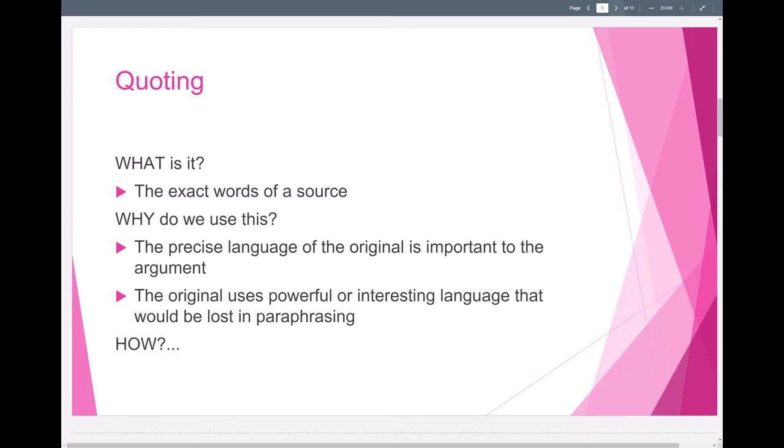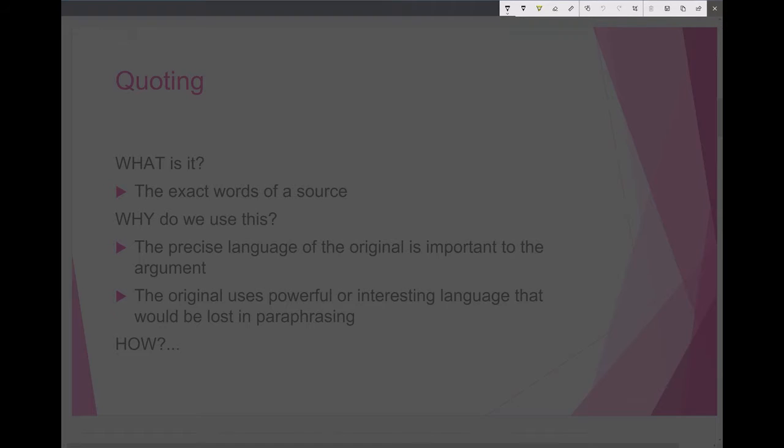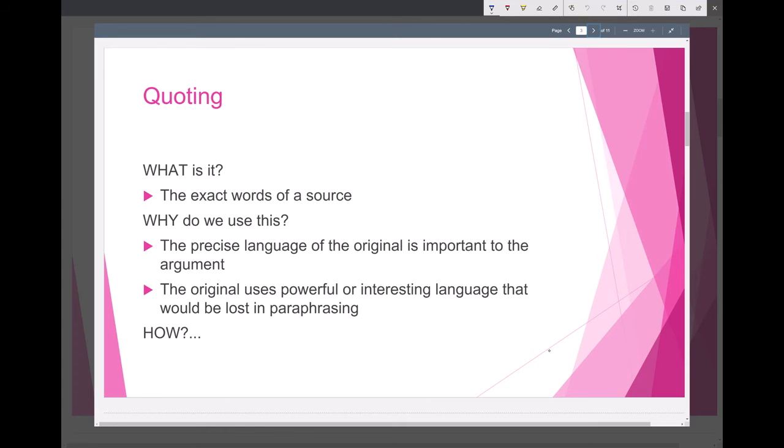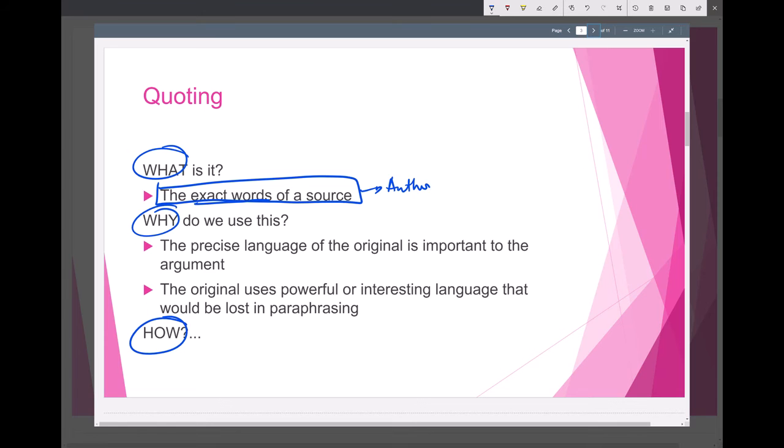First, let's start with quoting. We ask 3 questions: what, how, and why. And the answer to what is quoting is that we are using the exact words of a source. Again, the author's words to his or her, or even their, if you have multiple authors, idea.